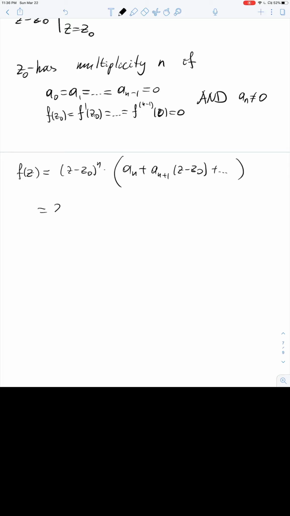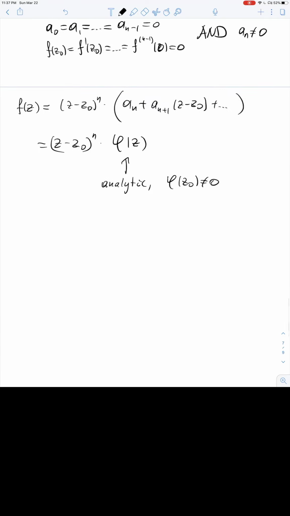And let's call this phi. So phi is first of all analytic, and phi of z0 is not 0. So it seems that I achieved nothing, but I actually achieved another incredibly important fact about analytic functions, that every zero has integer multiplicity.